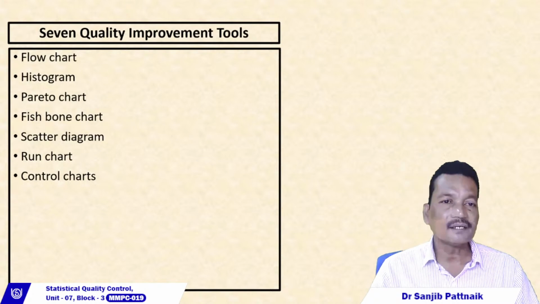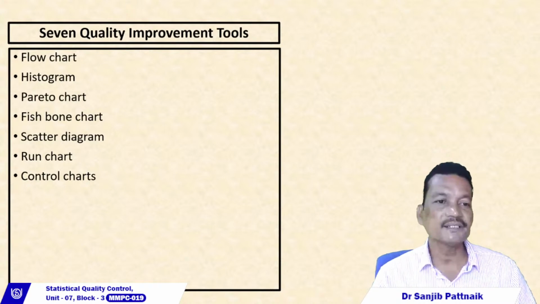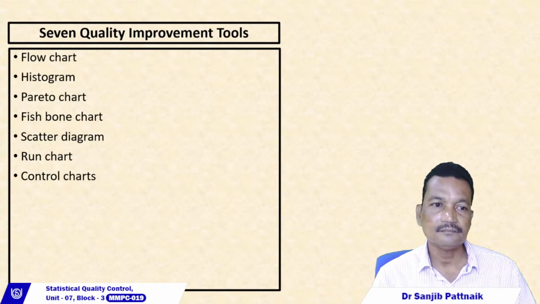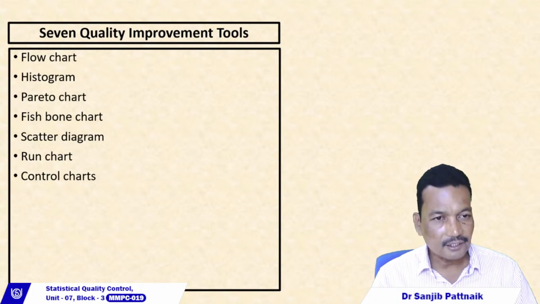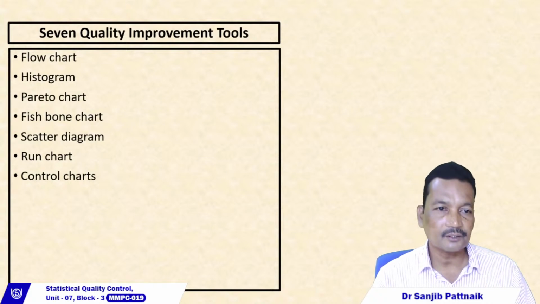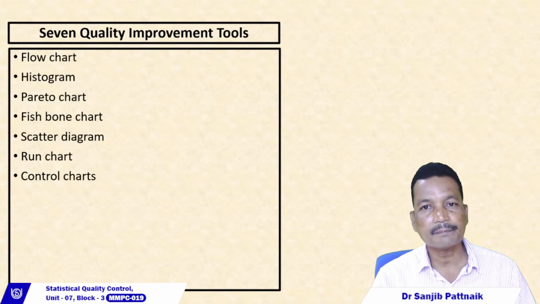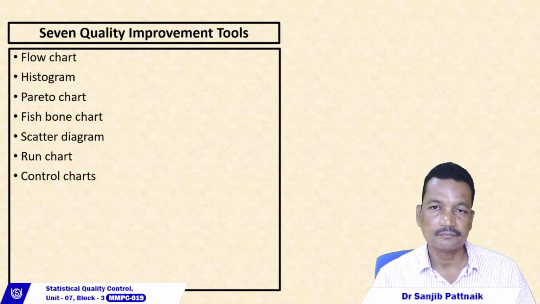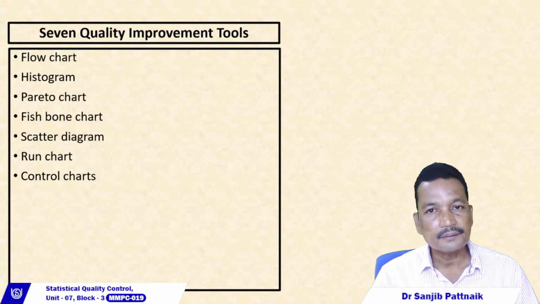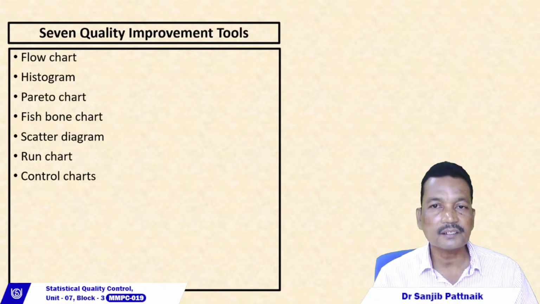Third kind of tool that we use is Pareto chart. Now this Pareto analysis is based on the economic theory given by the Italian economist Wilfred Pareto in the 1900s. He discussed about wealth of the society.